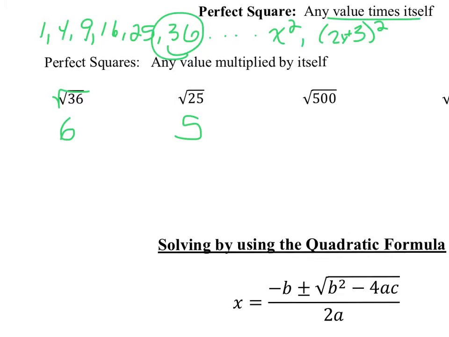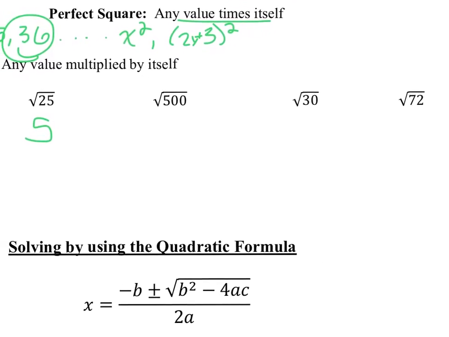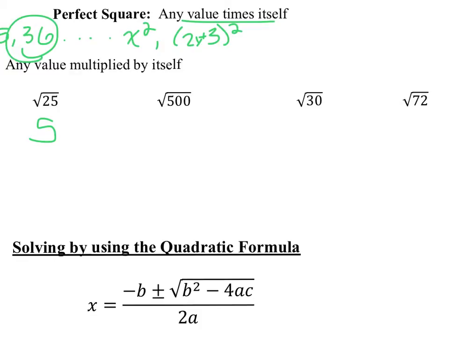Now, if you get to something like 500, you're like, oh no, it's not a perfect square, the number is crazy, I can't figure it out. So, what we do is we break it up into two separate factors, where one is a perfect square, and the other is the factors that are left over.